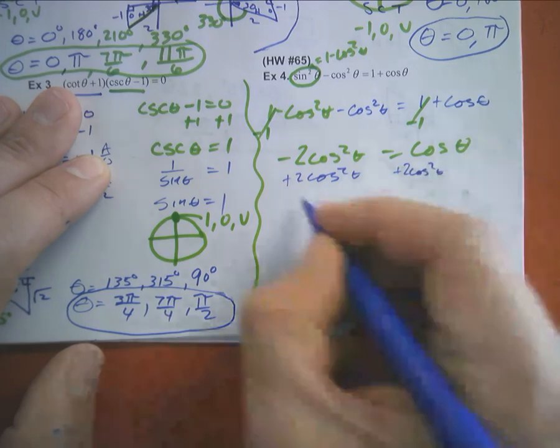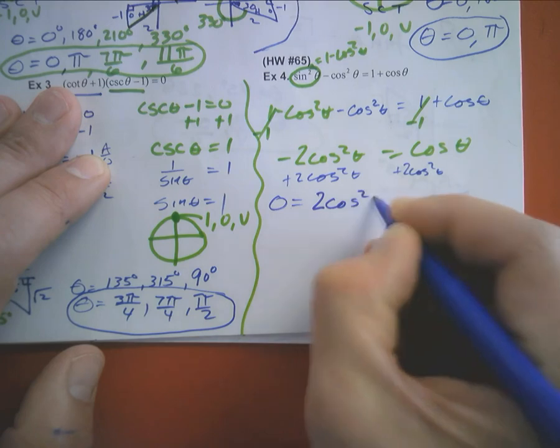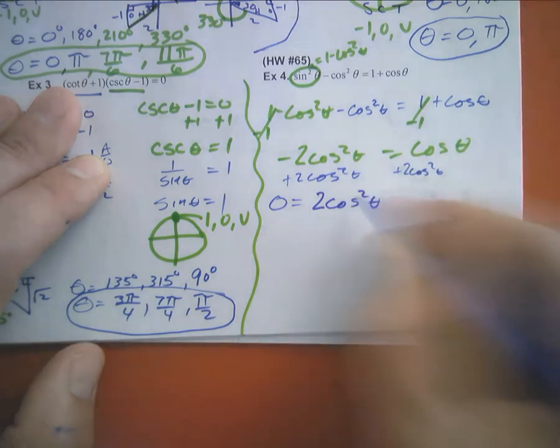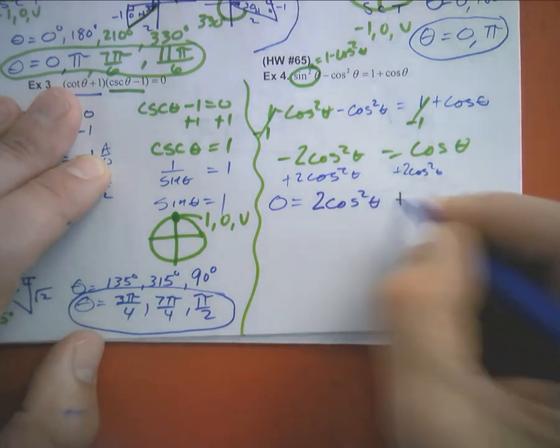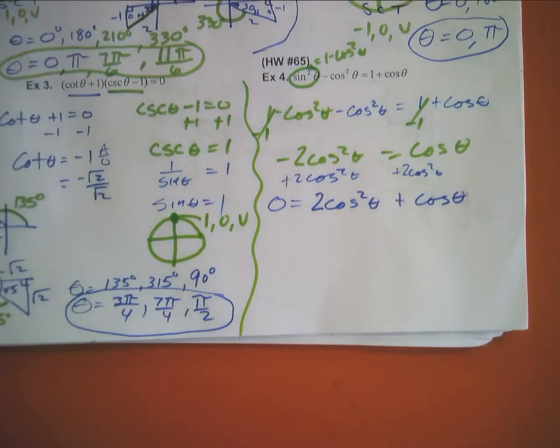I like to factor where my cosine squared or x squared is a positive value. Now again, these are unlike terms. One's a cosine squared, one's a cosine. I got to leave them separate. Okay.